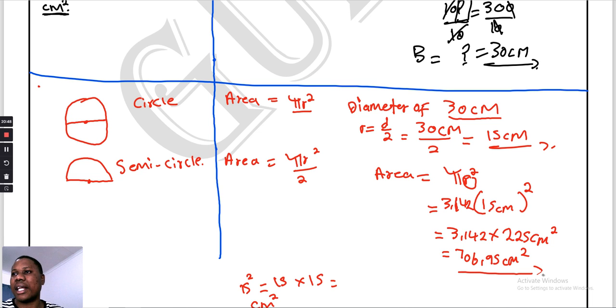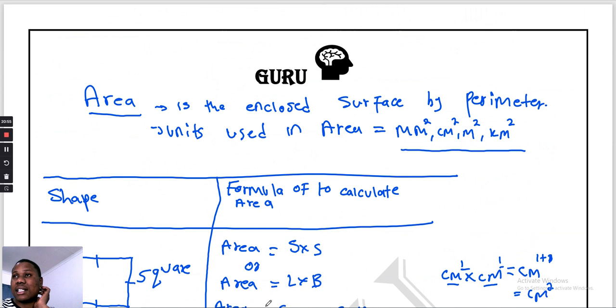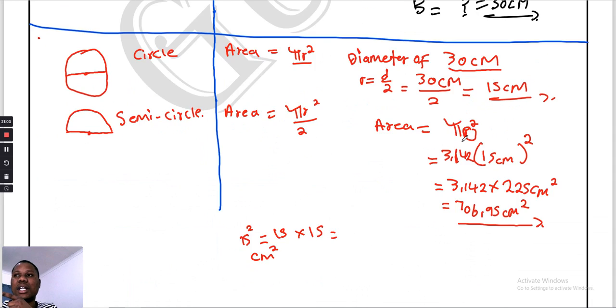And remember, I said all our answers should be in units squared, so we need to confirm that the units used in areas must be millimeters squared or centimeters squared or meters squared. So we can see that our answer is centimeters squared, meaning that we have calculated the correct answer.